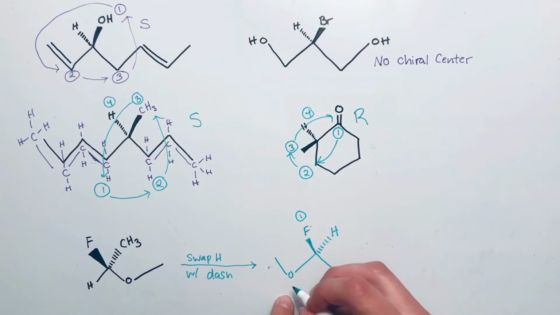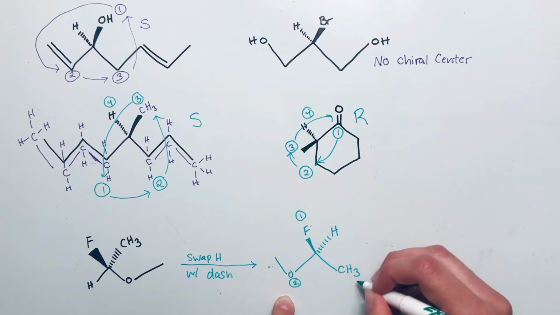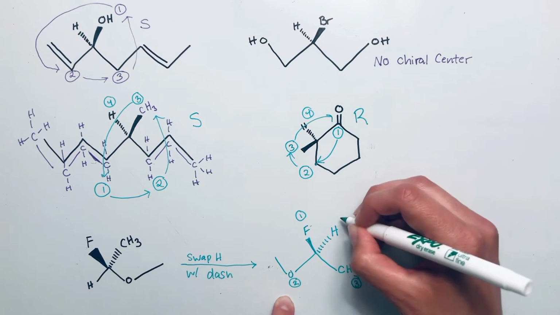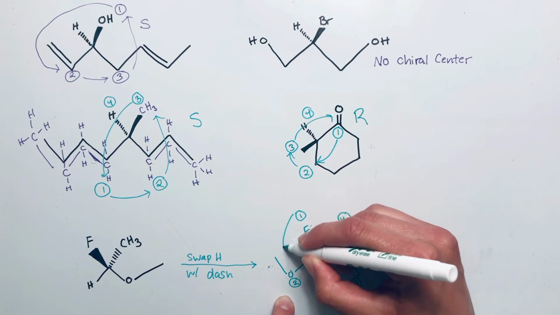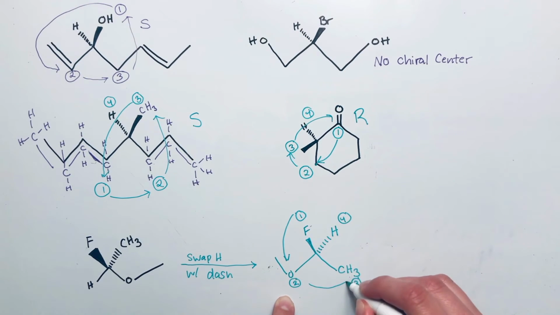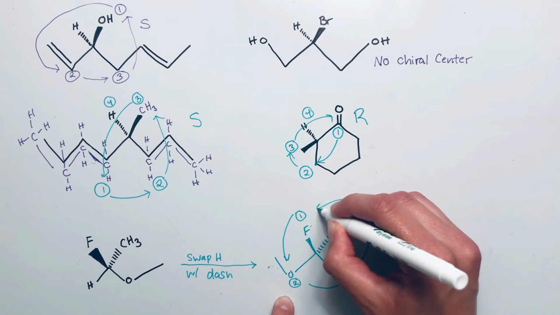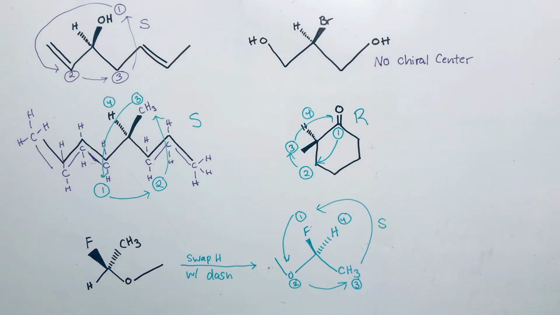Number 1, number 2, number 3, and number 4. Now we can go this way. So you'll see that this is S. However, we're not done yet.